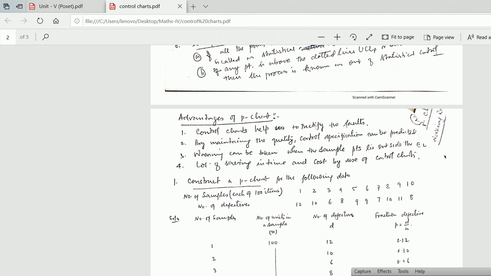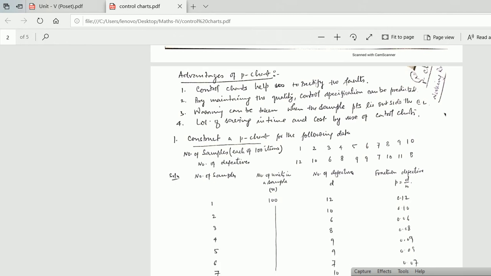Third, warning can be taken when the sample points lie outside the control line. Fourth, a lot of saving in time and cost by use of control charts. By these control charts we can save much more time and cost.